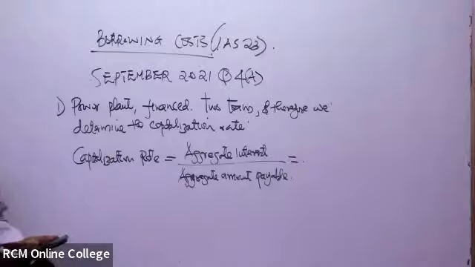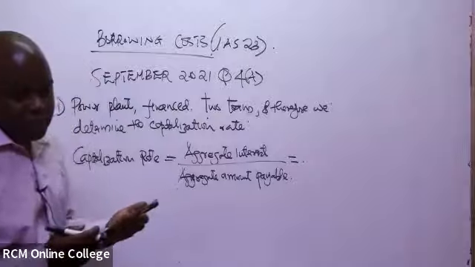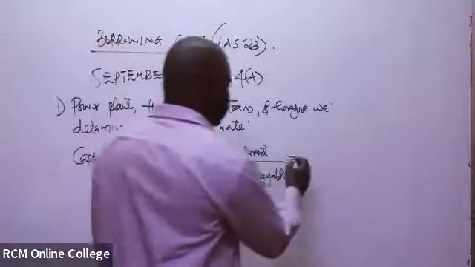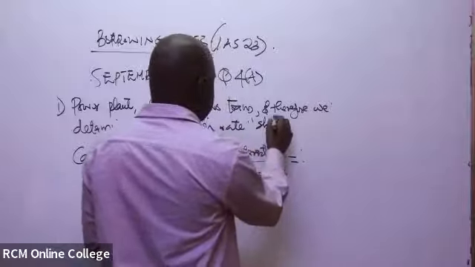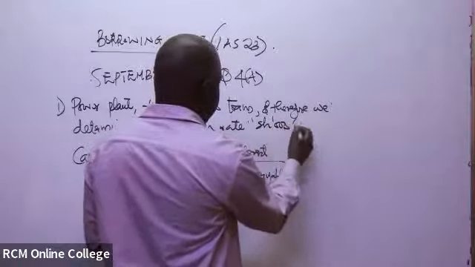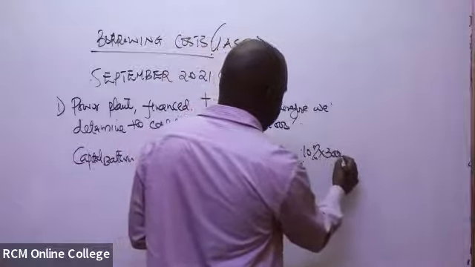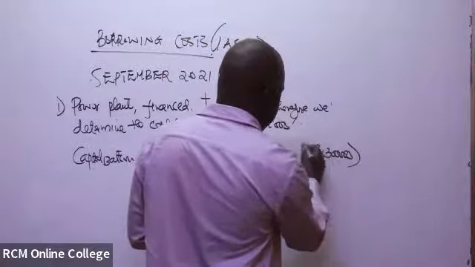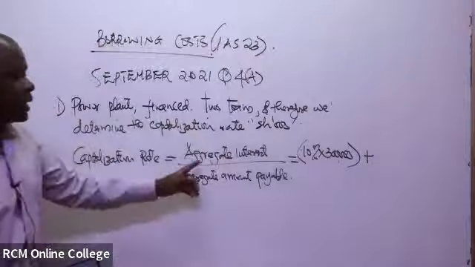So the interest on the 10% loan note will be 10%. Our figures are actually in thousands. It will be 10% multiplied by 300 million. But now in this case, you add, because you know what is meant by aggregate, you add.